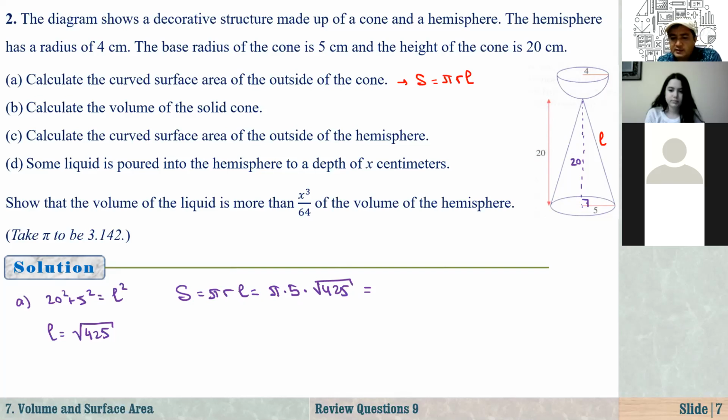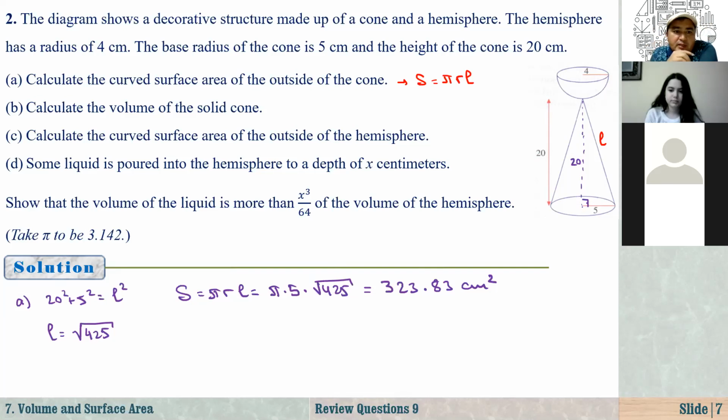And that's equal to pi times 5 times square root of 425, which is equal to 323.83 cm squared. All right. That is question A.